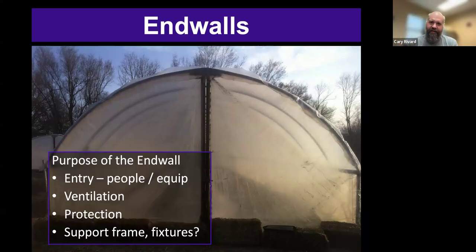Now, this is probably the least complicated in wall that you could imagine. It's basically two by fours that are mounted with a hinge up at the peak. And then there's going to be plastic attached to that, either with lath or C-channel. And these two by fours just open up and you can get in and out of your tunnel. Now, back in the day, this was really common for people to use in walls like this.